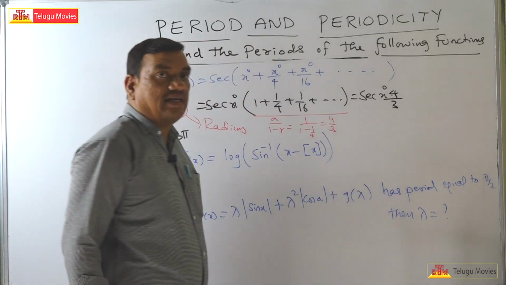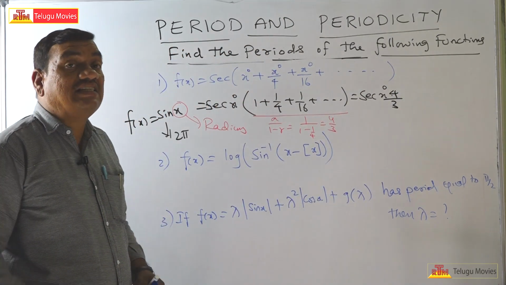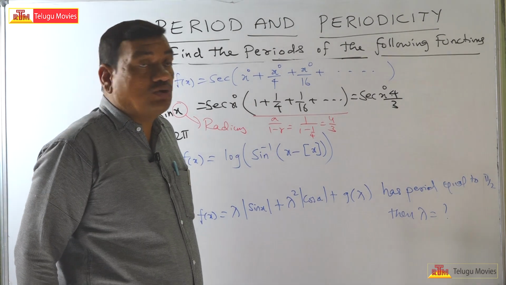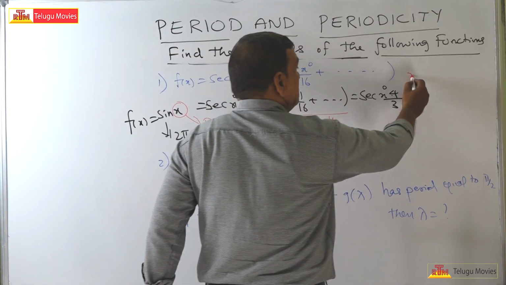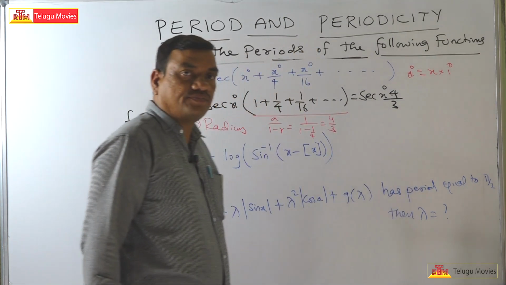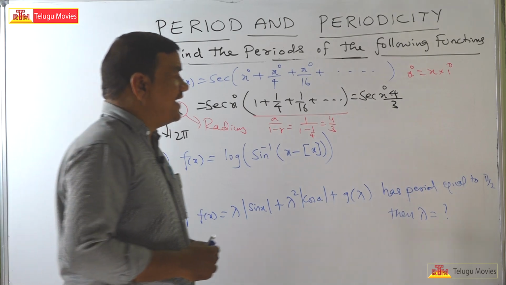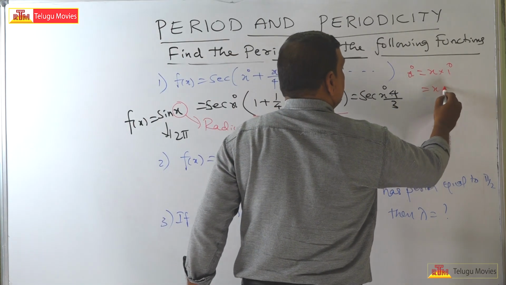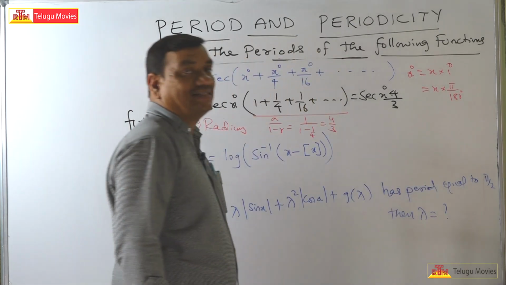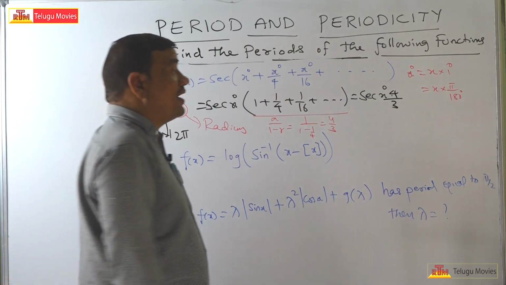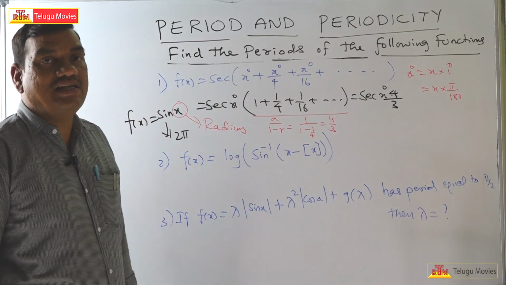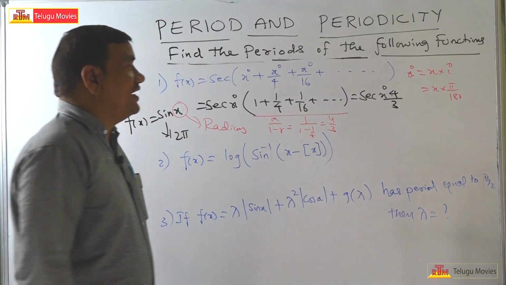Then how to convert x degrees into radians? I explained this in the previous video. So x degrees means x into 1 degree, and 1 degree is equal to pi by 180 radians, not pi by 180 degrees. 1 degree is equal to pi by 180 radians.